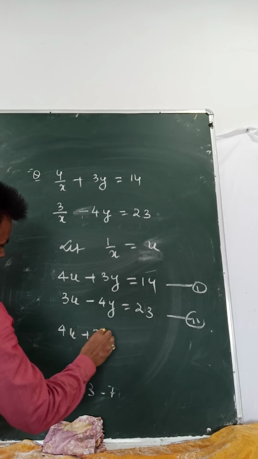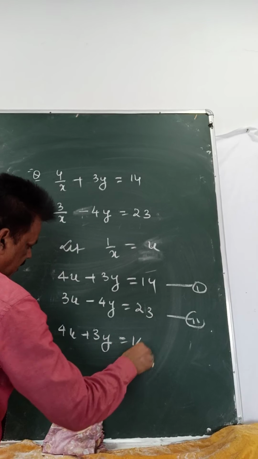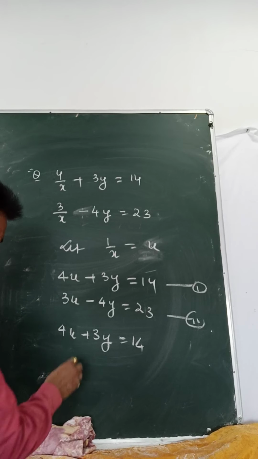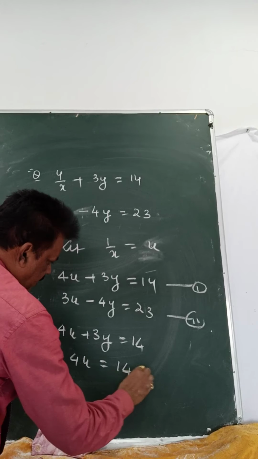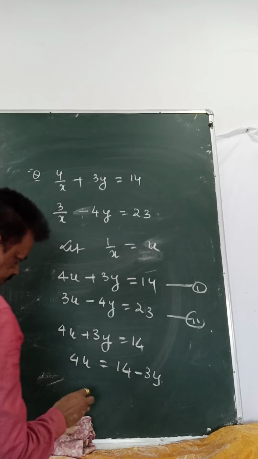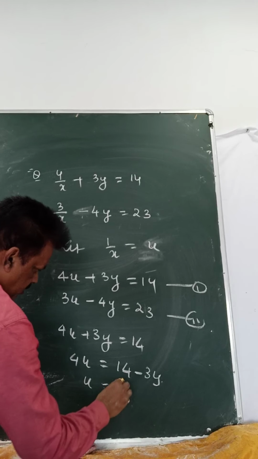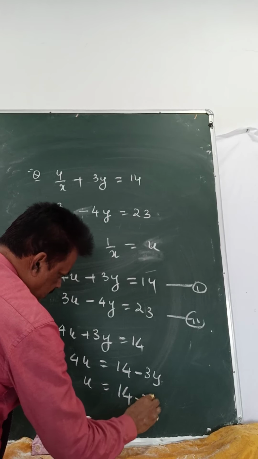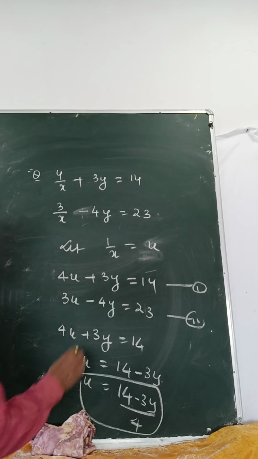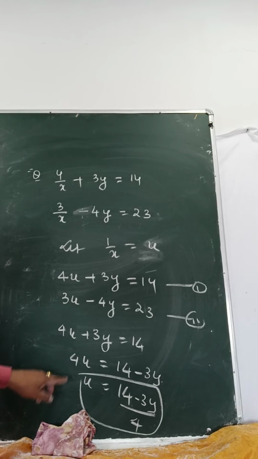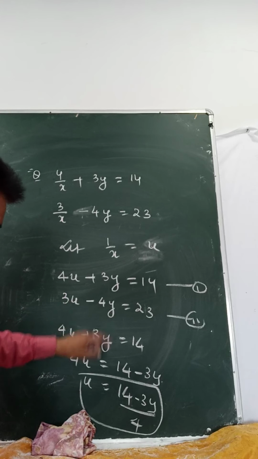4u plus 3y is 14. 4u equals 14 minus 3y. u equals (14 minus 3y) by 4. So we got it from here. Put in the second equation.